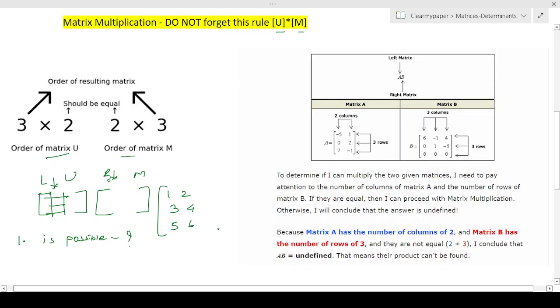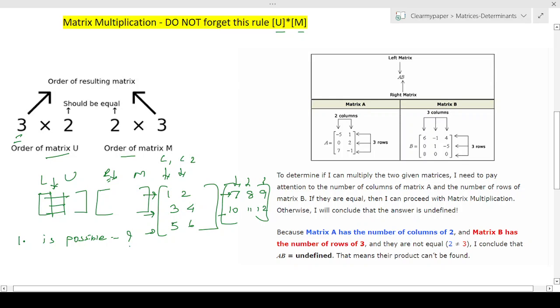In the direction of the x-axis this one has 3 rows, and in the direction of the y-axis it has 2 columns, C1 and C2. And if I have another matrix which I need to multiply, which has 2 rows, let's say 7 8, and 3 columns, 9 10 11 12. So I've got 2 rows and 3 columns here.